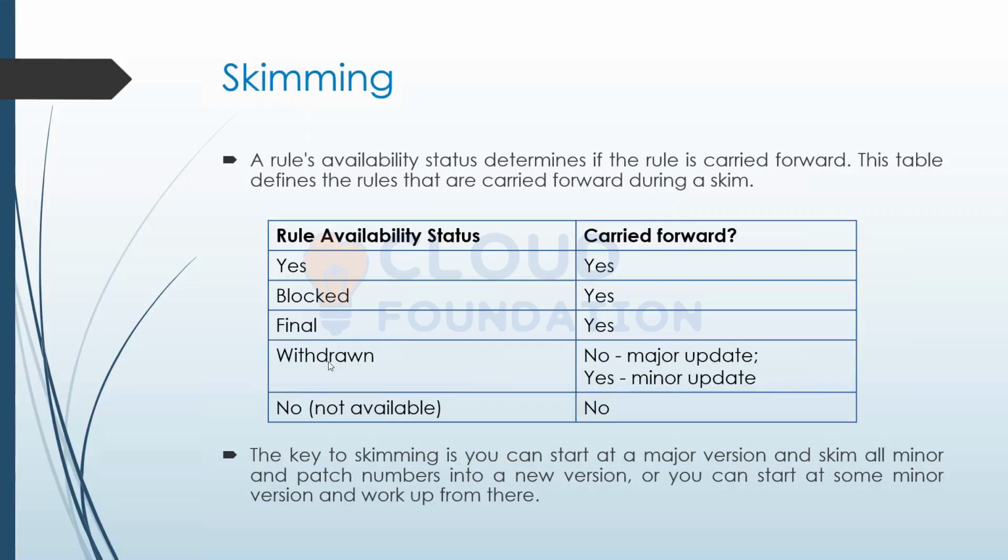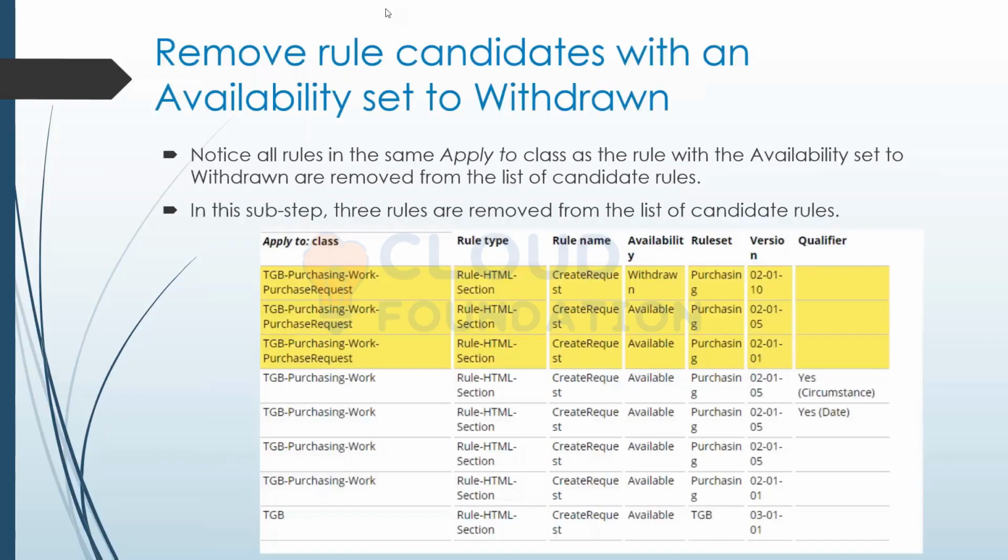The withdrawn rules are not moved forward, they are discarded at that point itself. And the major concern is going to be my major version only, that's what I would be checking with respect to the other rule candidates. Coming back again, yes, my withdrawn rules give me an extra privilege that the remaining ones with the same properties will also be discarded.